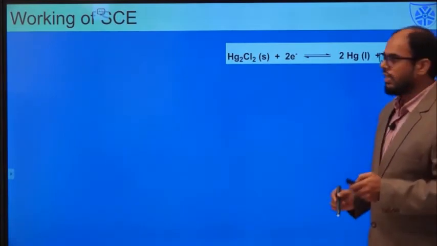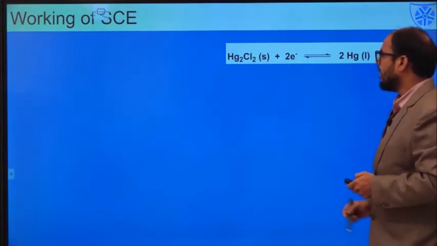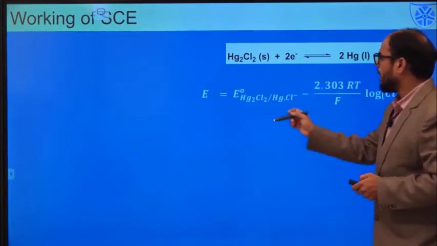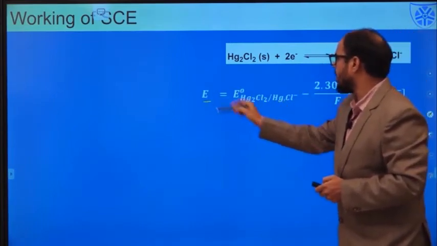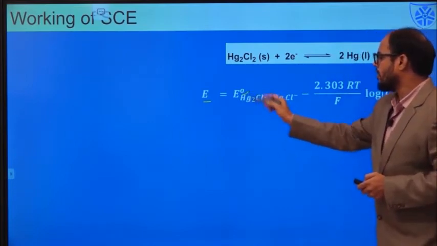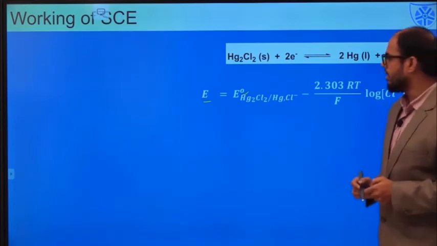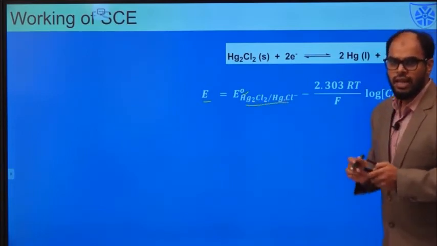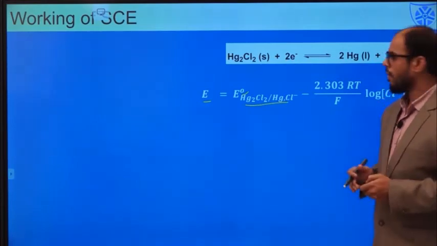So we have seen how this saturated calomel electrode can be applied to find out the cell potential at non-standard condition by the simple formula, where E naught refers to the cell potential at standard condition, whose value can be obtained from the electrochemical series table.